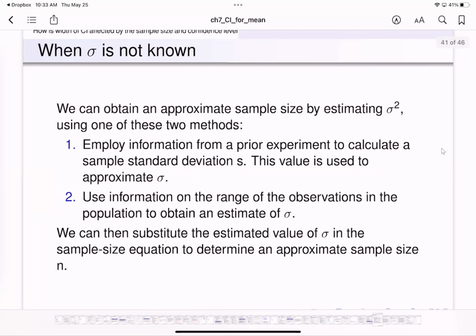Other times you might be able to see the range of the data. If that's the case, we could also use the range to help come up with an estimate of the sigma. So how do we do that? Using range to estimate sigma is only approximate in the sense that it relies on the distribution of the data for this range to be valid, but still it's better than nothing. So let's proceed with the range to estimate the sigma.